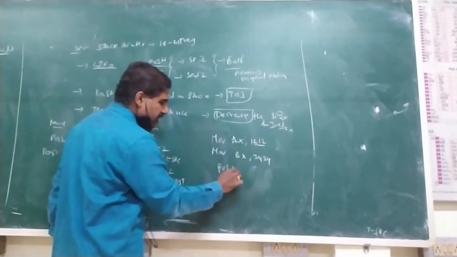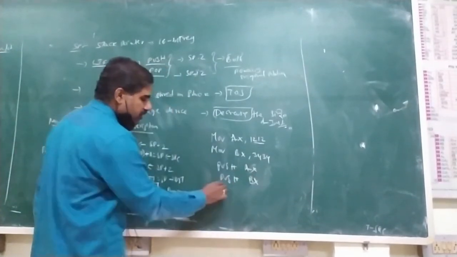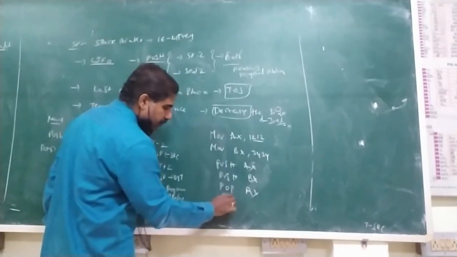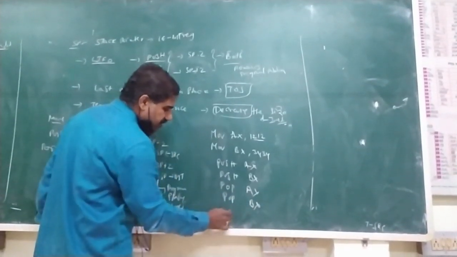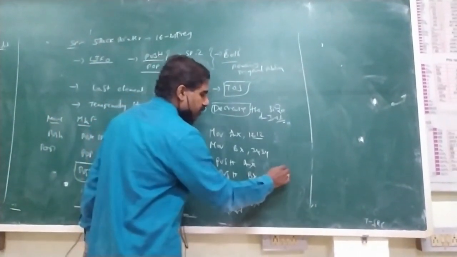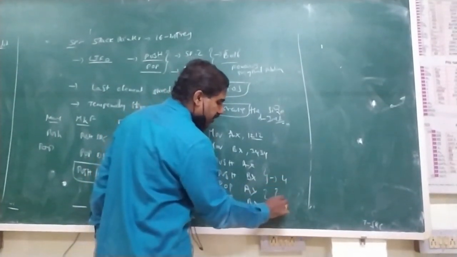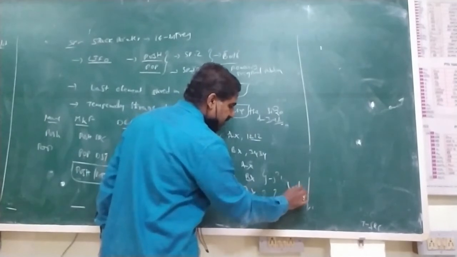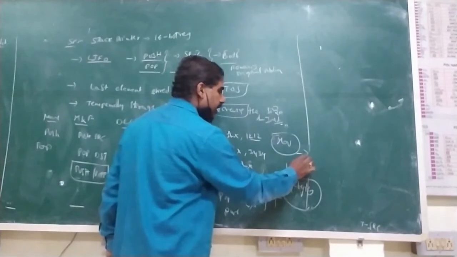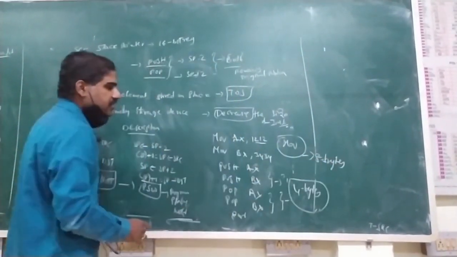By using PUSH AX and PUSH BX, both are stored. By using POP AX and POP BX, we can retrieve the original values. By using these 4 instructions, the memory location occupies 4 bytes, while using move commands it occupies 8 bytes. That's why we use the stack pointer instead of move instructions.